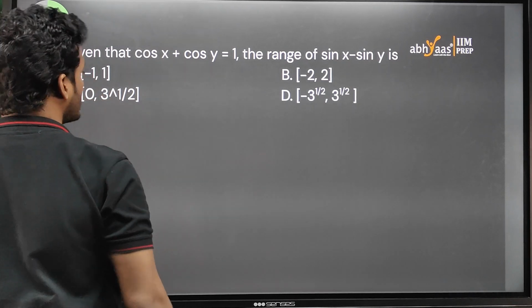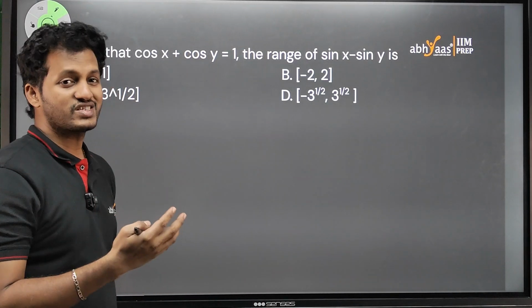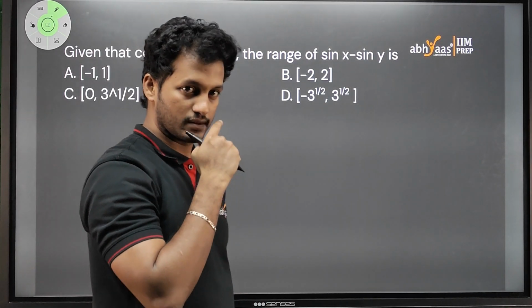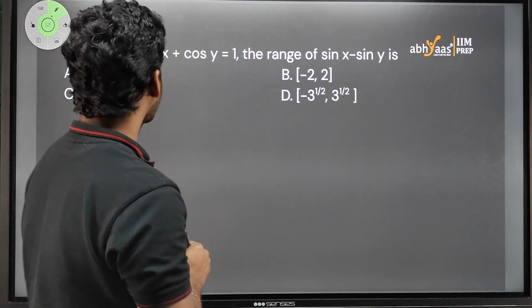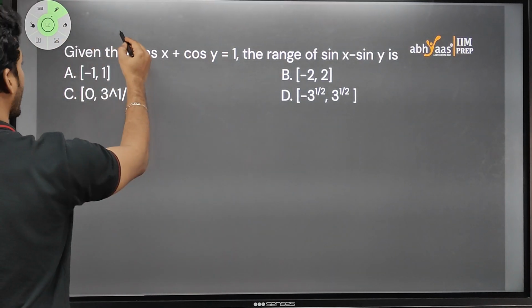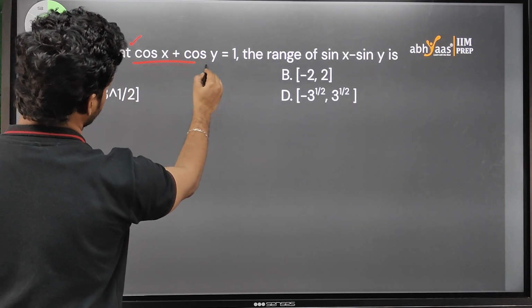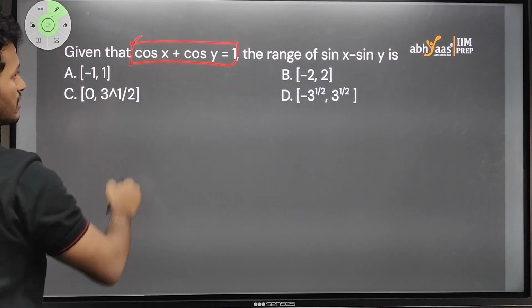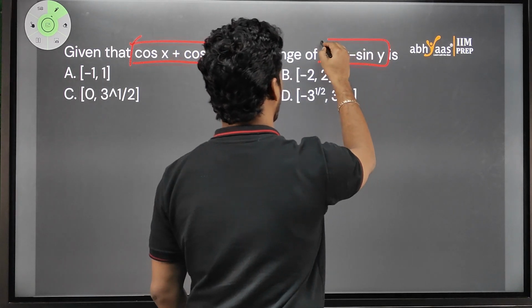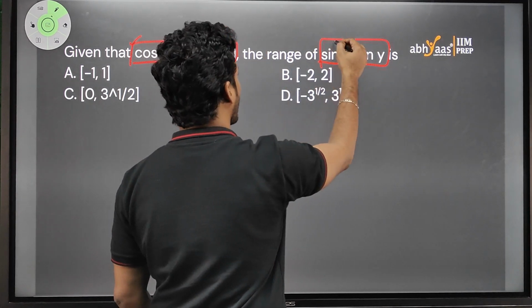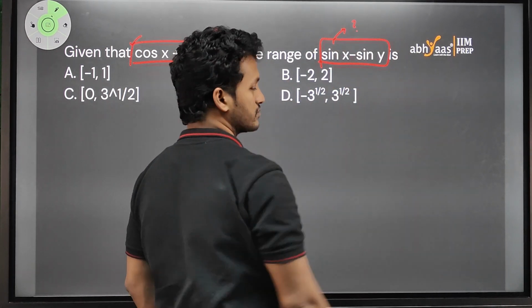Now even functions can be asked on trigonometry, because trigonometry is a type of function. In trigonometry the identities play a key role, like this: cos x plus cos y equal to 1. The range of sin x minus sin y is. Given this, we have to find this value.